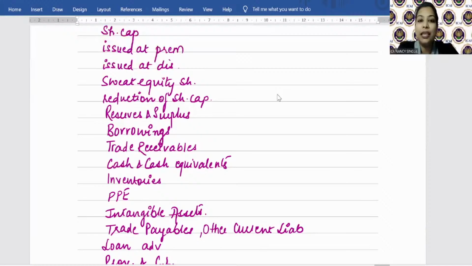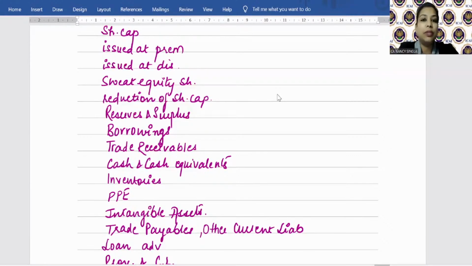Then we started with the asset side items, with trade receivables, cash and cash equivalents, and inventories. In the last session, we just had a general discussion with respect to verification of inventories, and today we'll be doing this topic in detail.